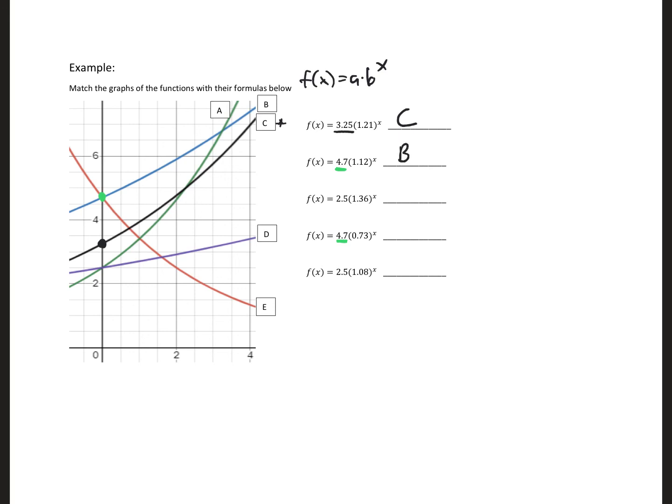This one must be graph B because it has a vertical intercept of 4.7 and is increasing. The 1.12 tells me that's increasing. Graph E must be this one. It has an initial value, a vertical intercept of 4.7, but is decreasing.